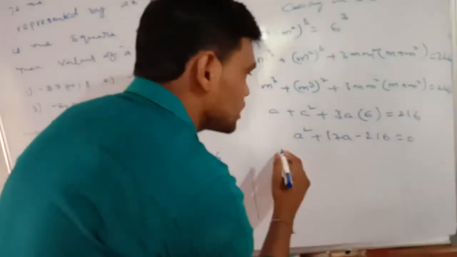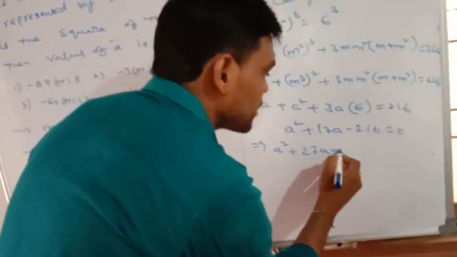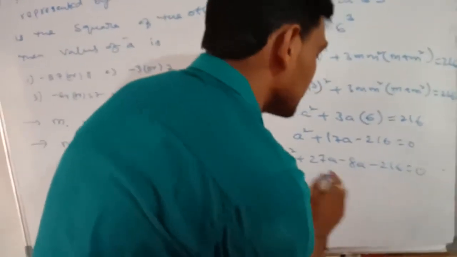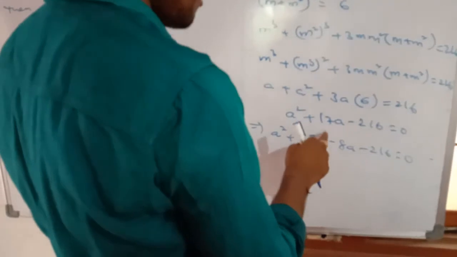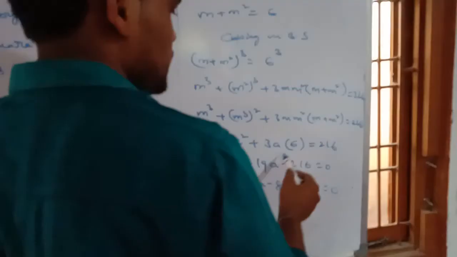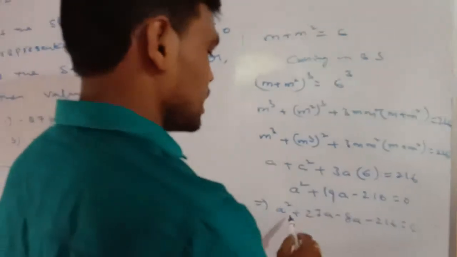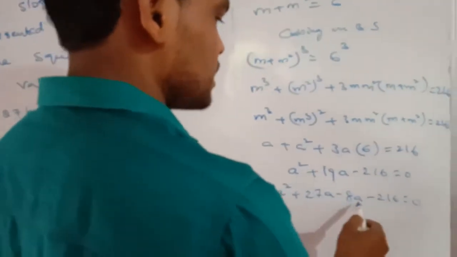Now factorize the quadratic equation. That implies a² plus 27a minus 8a minus 216 is equal to 0. Now subtract 27 minus 8, this is 19. 27 into minus 8 is minus 216.